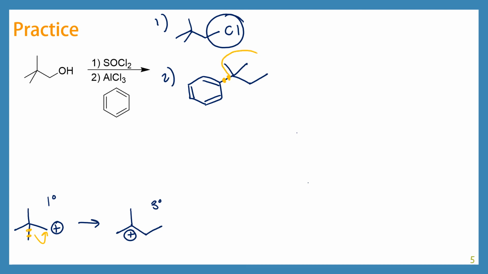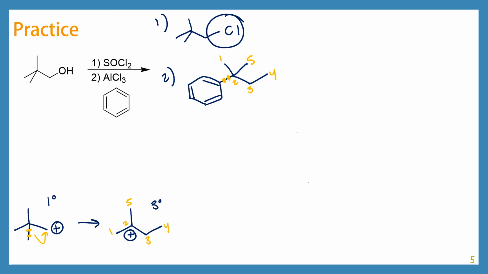And in our substituent here, we need to have 1, 2, 3, 4 carbons all in a row, and a methyl group coming off of carbon number 2. So if we look at our product, we have 1, 2, 3, 4, and a 5th carbon coming off of carbon number 2. This tells us that we probably have the correct product.